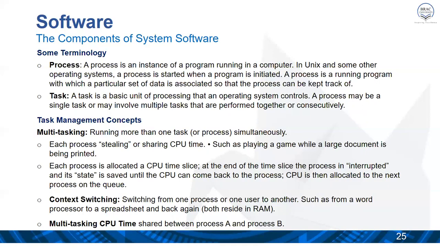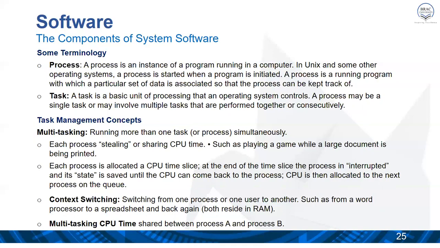Another important concept of system software is task management. Actually, multitasking is an important concept. Running more than one task or process simultaneously is known as multitasking. So during multitasking, the CPU time is shared among different processes.